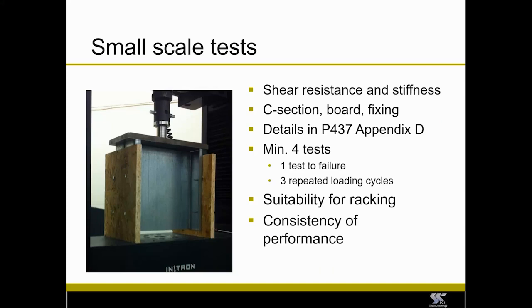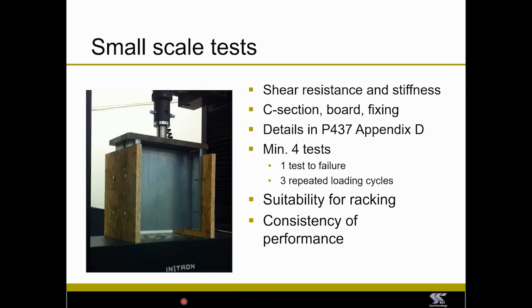So you may have carried out some large panel tests, but decide you want to use different fixings or a slightly different board. Instead of having to carry out those tests again, you can carry out smaller scale tests and determine, from the results, the change in performance that you would have got with a large scale test.